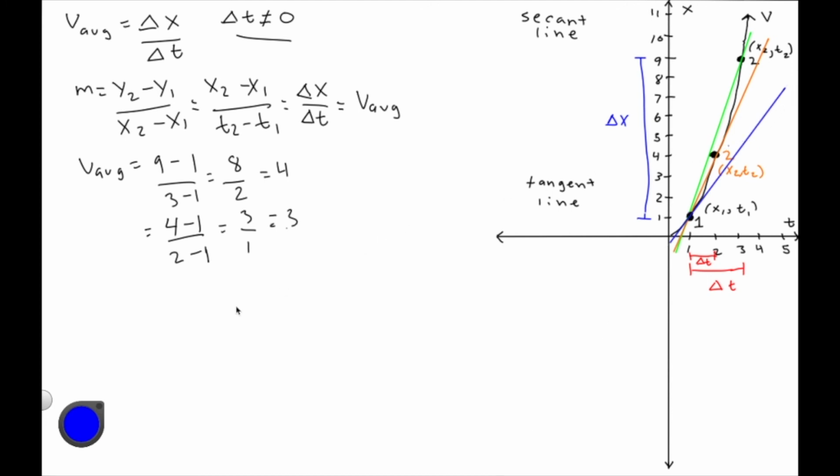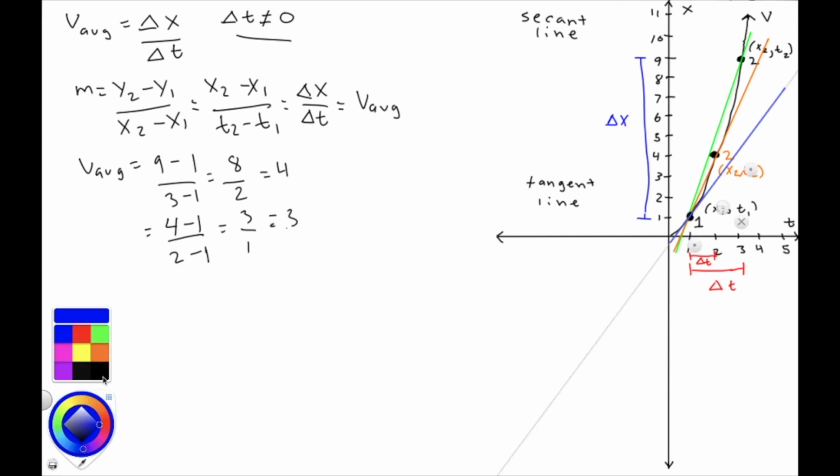So that's going to be our tangent line. And now the slope of this new line is going to be our instantaneous velocity, which is basically telling us how fast the object is going at the instant of time at point 2.